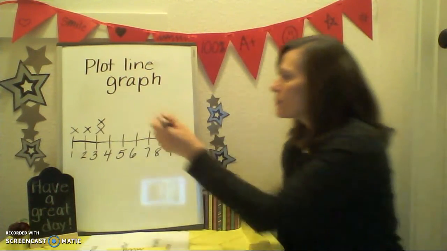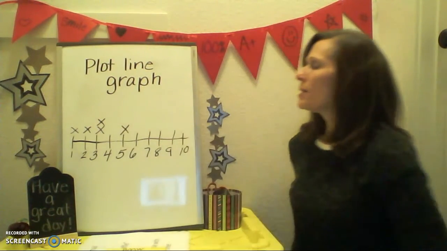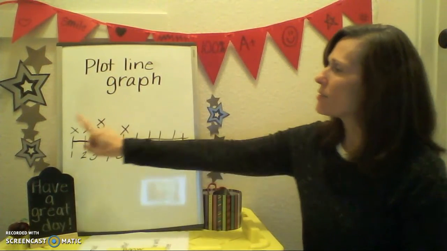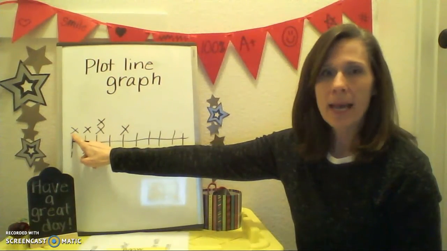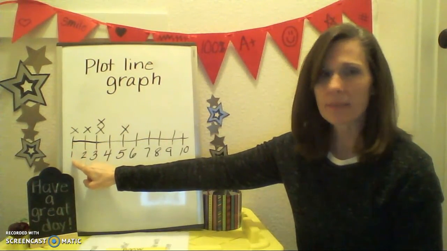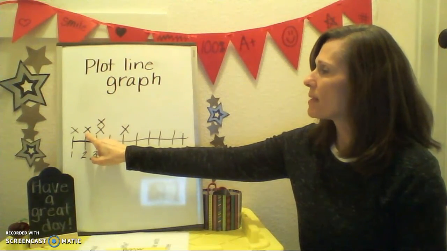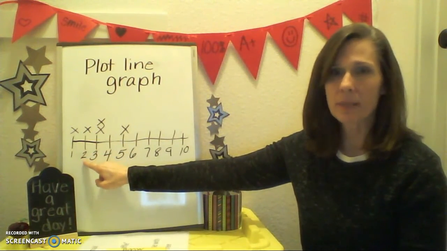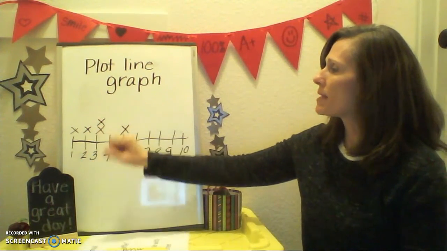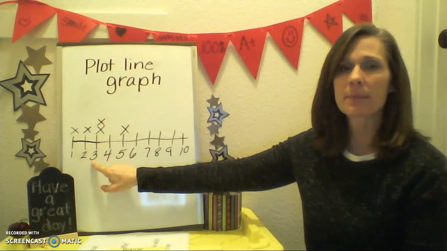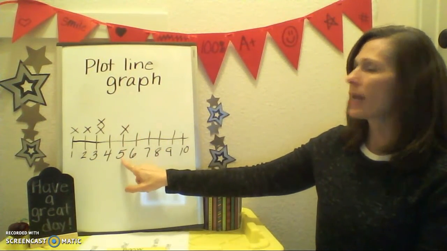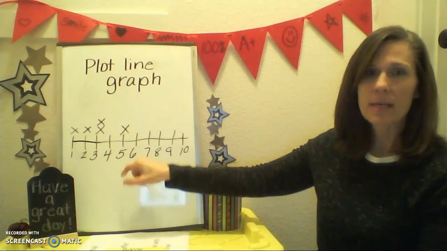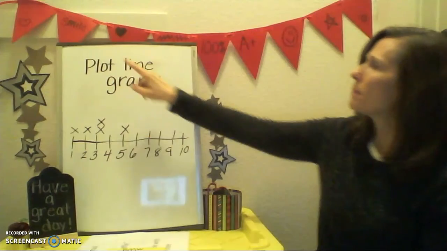So, of course, I would put an X over the number 5. So whenever I look at this, I can see there's 1 person that I asked in my survey that has 1 sibling. There's 1 person in my survey that I asked that has 2 siblings. There's 2 people in my survey that I asked that has 3 siblings, and there's 1 person that I asked that has 5 siblings. So here's my line, my plot line.